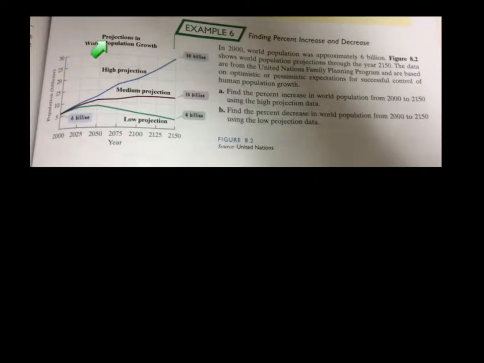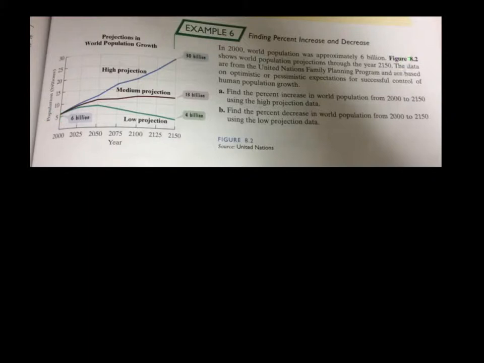So here we have a nice graph projecting a world population growth. And so let's just go ahead and read it. In 2000, world population was approximately 6 billion. Okay, so here's 2000, and right here's the year, and the population in billions, right there is the 6 billion that they're talking about. 5 billion is right there, right? 6 billion is just a little bit higher than that.